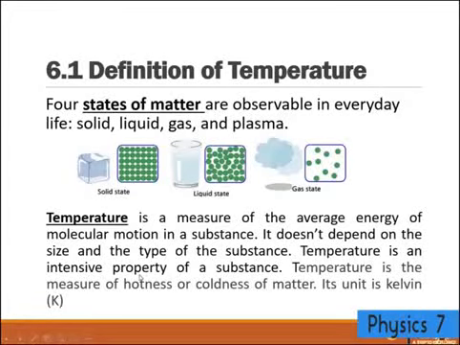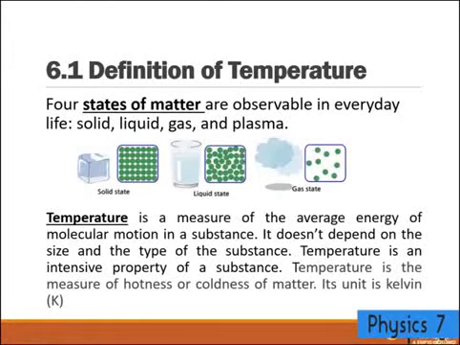So we refer to the fact that temperature is independent of the size or the amount of the water that's being measured as the intensive nature of temperature. So temperature is an intensive property, and it doesn't depend on the amount of the substance present. This is very important that you understand, especially as we go through the unit on temperature.